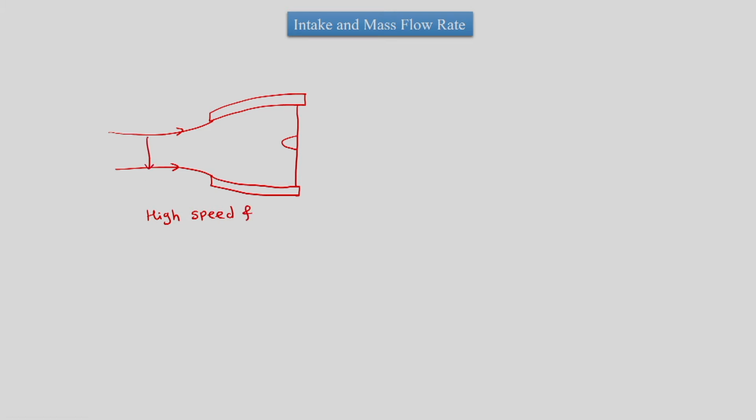Since the captured stream tube area, which is suppose atmospheric A_A, is less than A1 or maybe A2 in this section, this is leading to low mass flow rate.